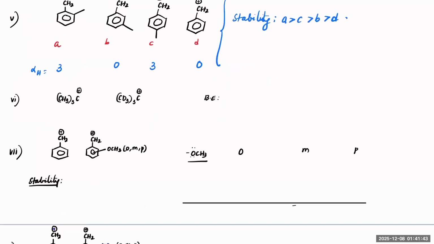Next, if you have trimethyl carbocation and trimethyl with a deuterium carbocation, between these two, if you compare the order, now you can see this one has more stability, tertiary carbocation. So bond energy of the C-D bond is greater than the C-H bond.